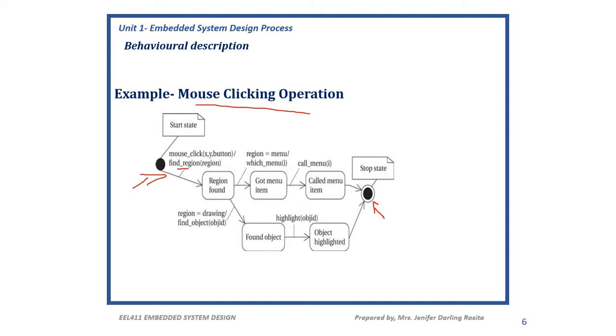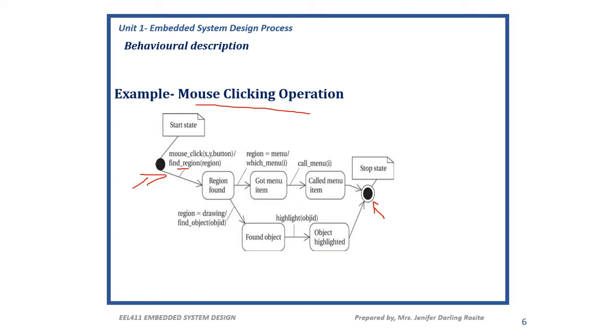So we start from the dark circle, and the mouse is clicked for what purpose? Finding the region. After clicking the mouse, the desktop, or whatever screen you are working with, is supposed to look for the region, what region it is. After the region is found, at which spot the mouse was clicked, go to the menu item. Check the menu item.